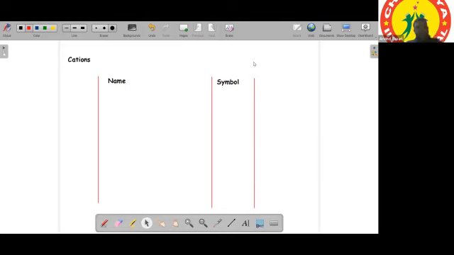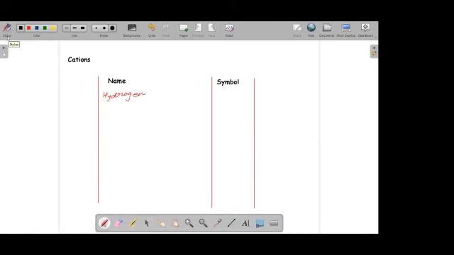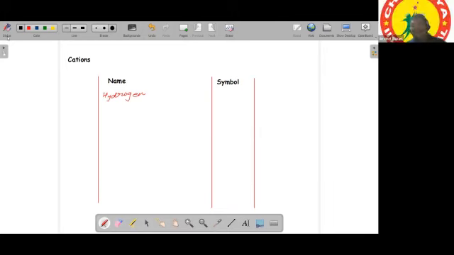Okay, fine. So can you tell me what will be the symbol for the hydrogen ion? How do we write the hydrogen ion? Capital H. Yes, Harini, how do we write the hydrogen ion?